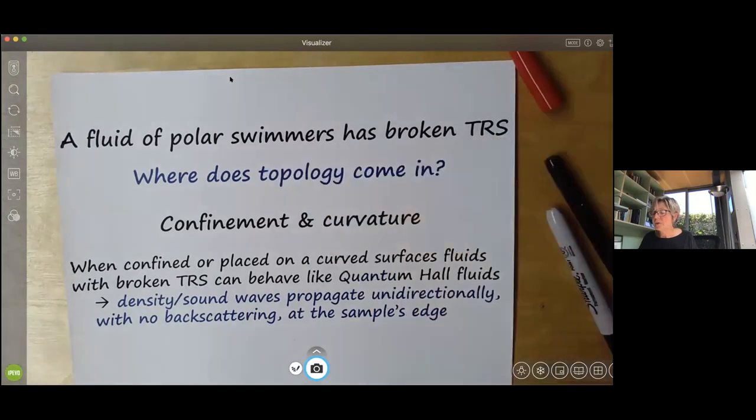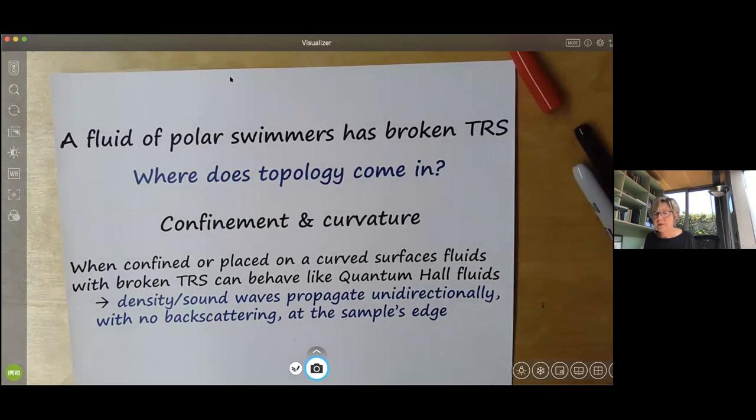what I told you is that the fluid of polar swimmers has broken time reversal symmetry. And now I promised to say something about topology, so where does topology come in? The way you can actually see the role of topology here is if you either confine the system or place it on a curved surface.